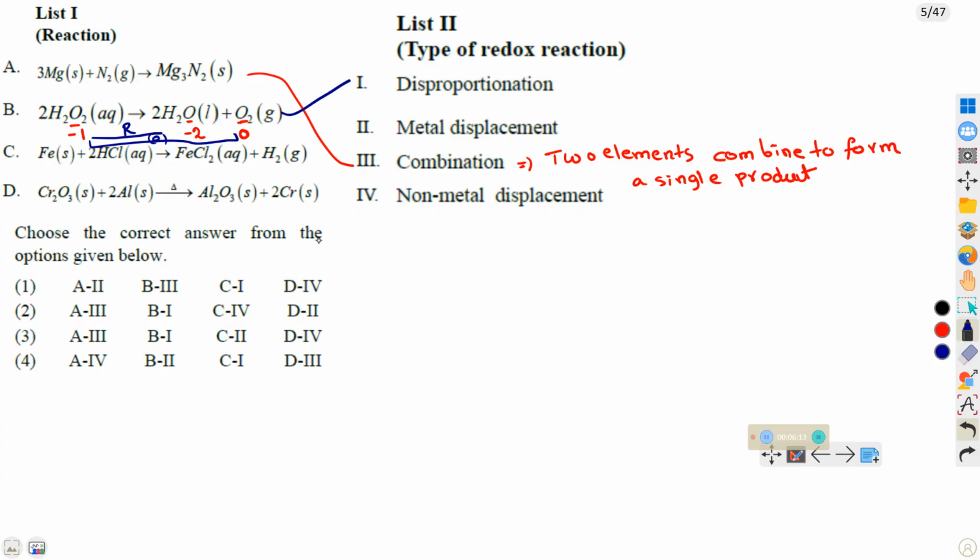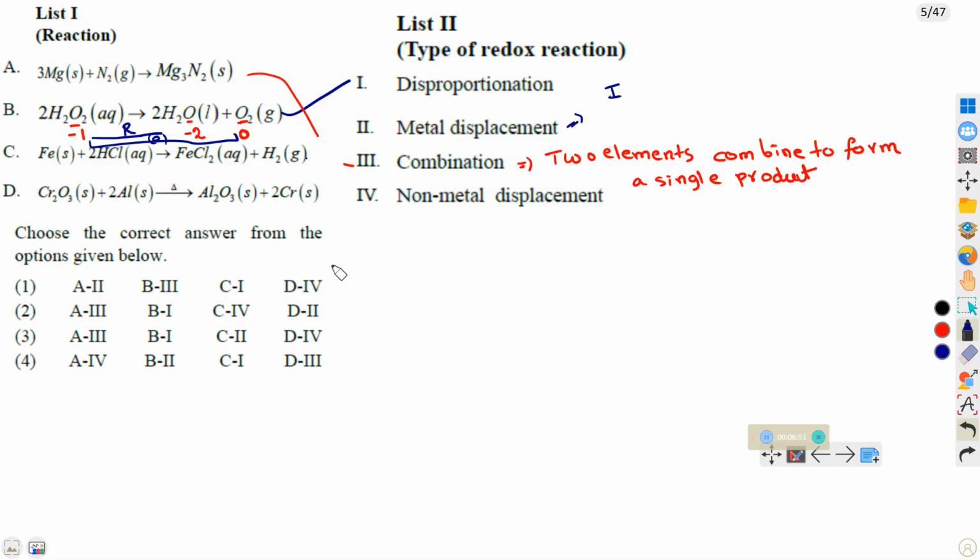B1. Next, Fe plus 2 moles of HCl gives rise to FeCl2 plus H2. This is a metal displacement reaction, C2. Based on that, the third option is correct. Metal displacement reaction. Non-metal displacement reaction.